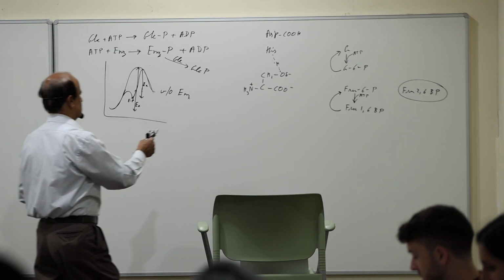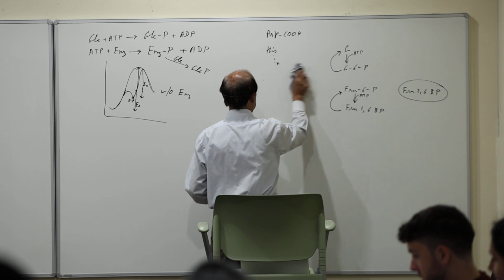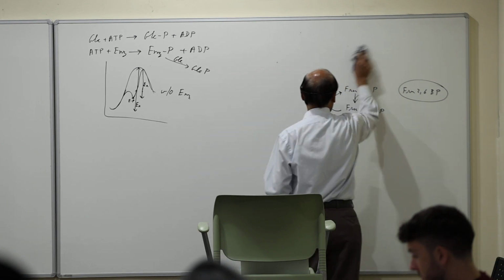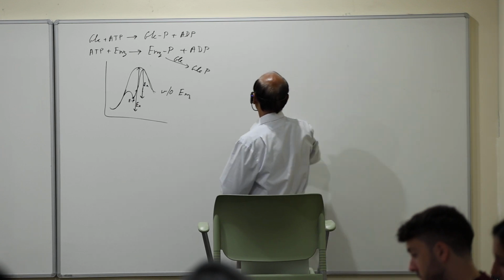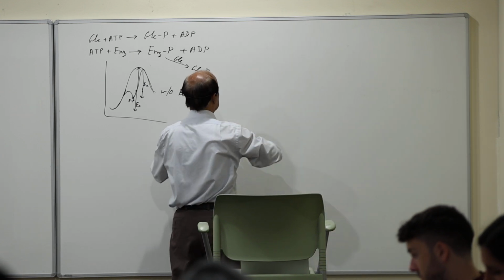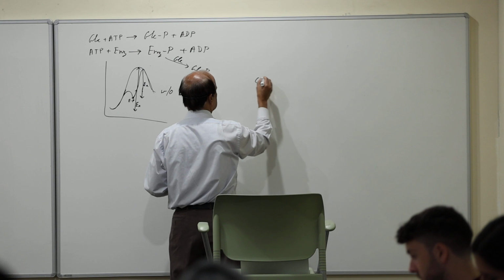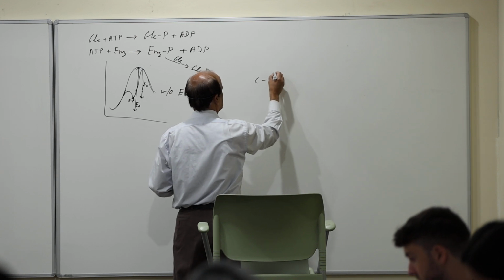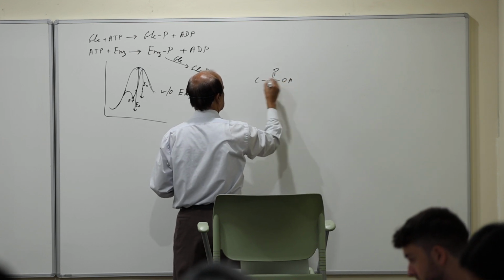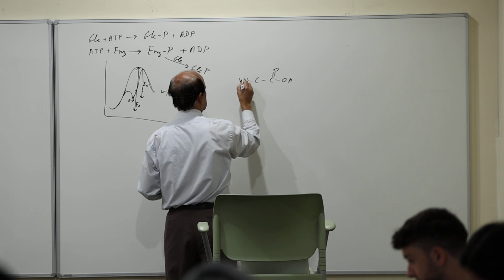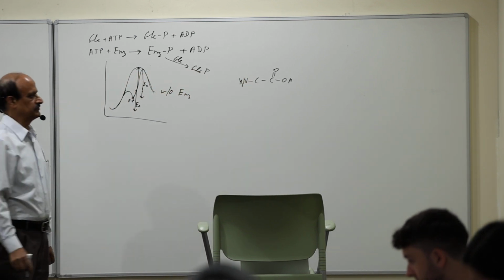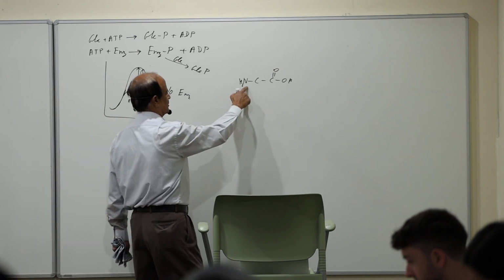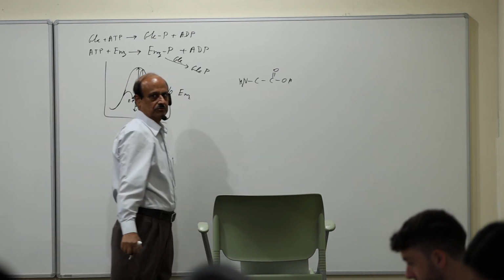The reference here is mostly to the amino acids, which have a carboxyl group and an amino group. So it has an amino group and a carboxyl group. The different forms can be a positive charge on this one and a negative charge on this one.